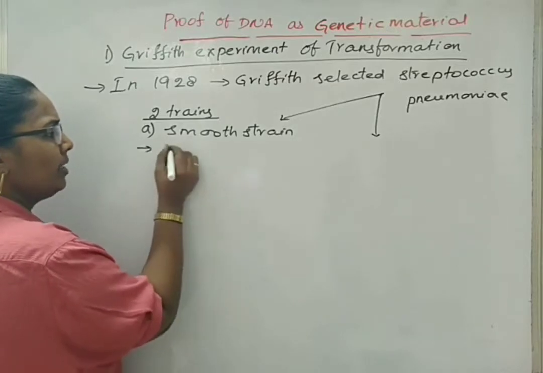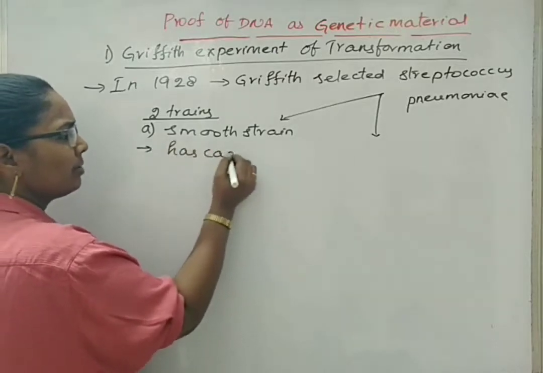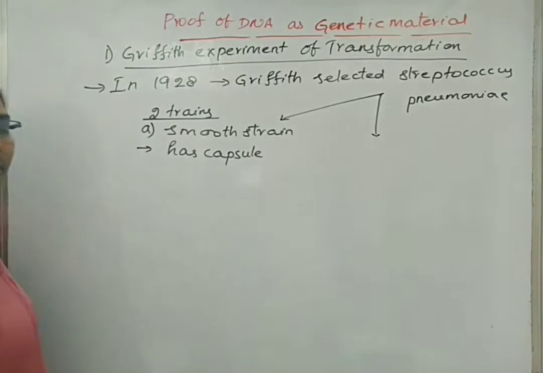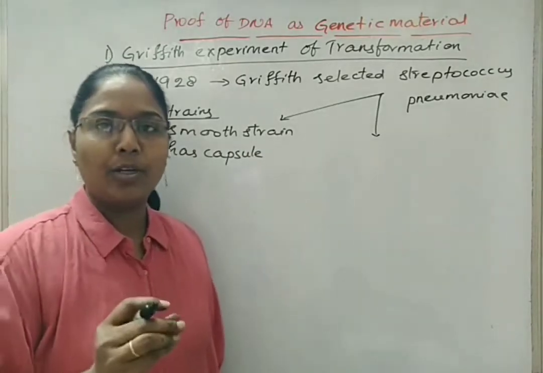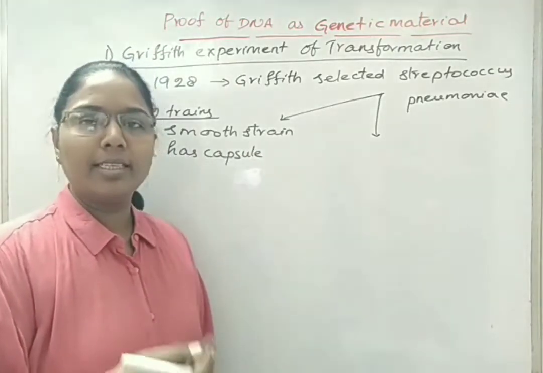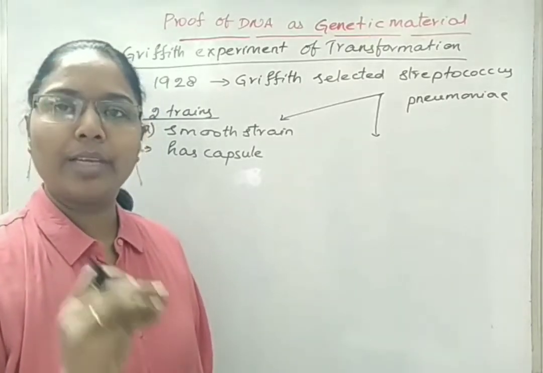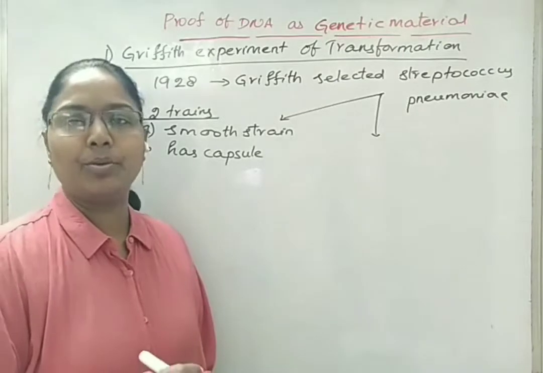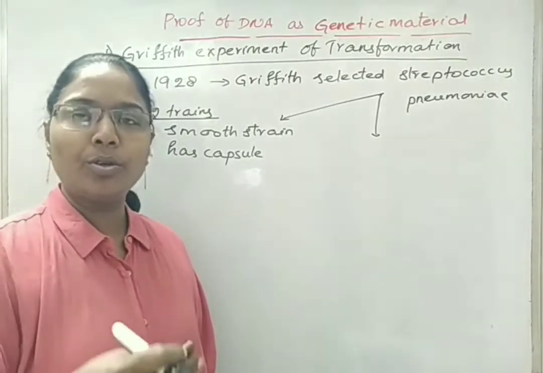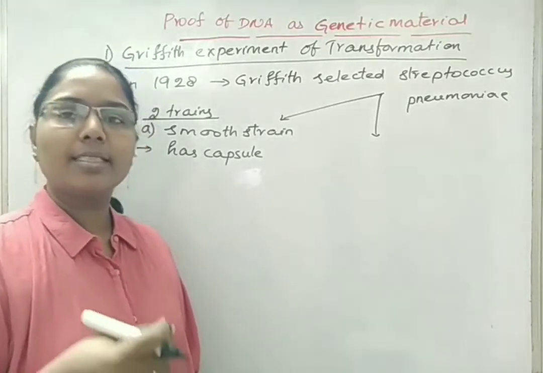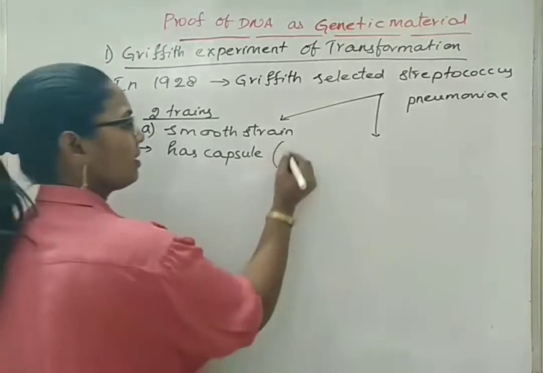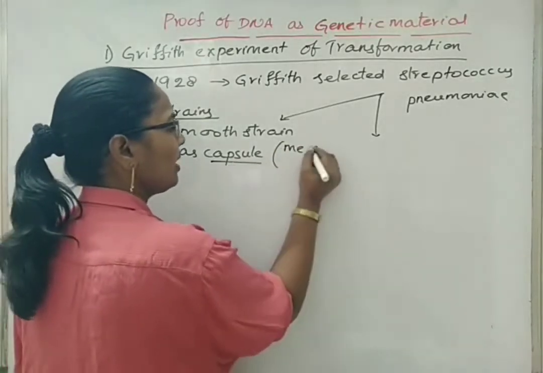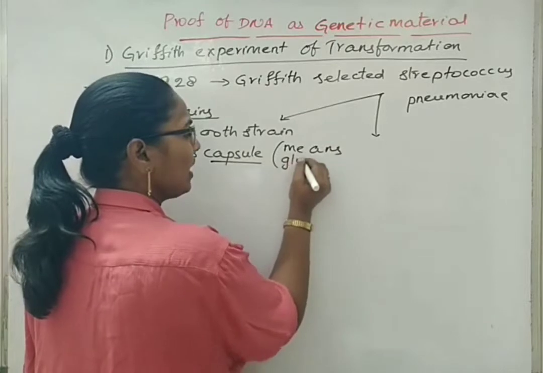This smooth strain has a capsule. What is meant by capsule? On the cell wall, meaning on the peptidoglycan, there is some extra covering called glycocalyx. If that glycocalyx is hard, then we call it a capsule. If the glycocalyx is loose or slimy, then we call it a slime layer. Capsule means glycocalyx is hard.